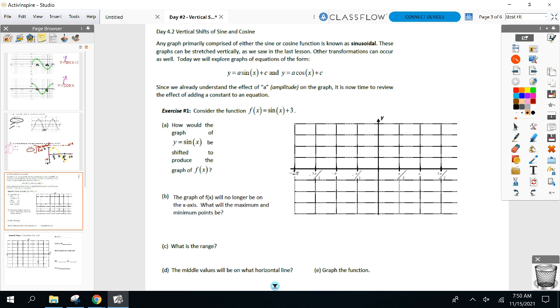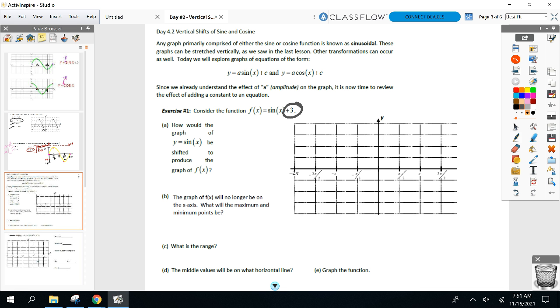Now I want to start shifting these up and down. So we're going to take our sine curve, cosine, and move it up and down. Not only are you going to see sine and cosine, you're going to see a number attached at the end. That number at the end is my C value, my shift.